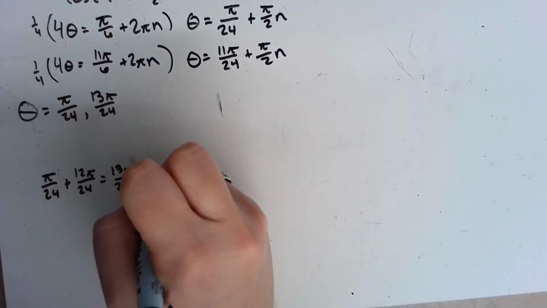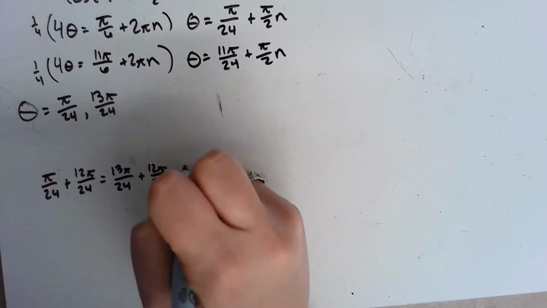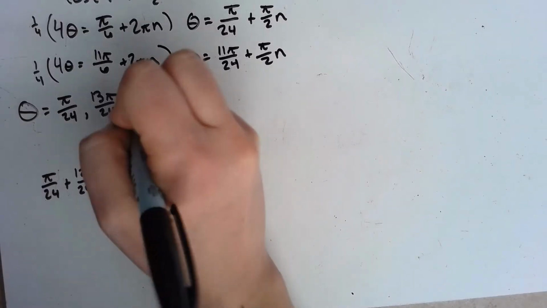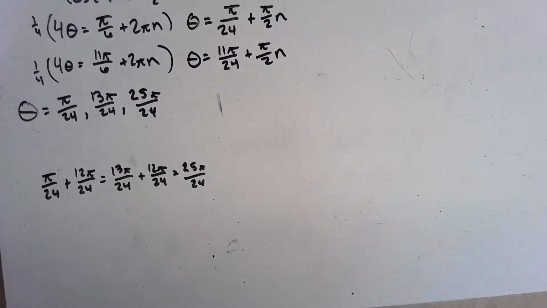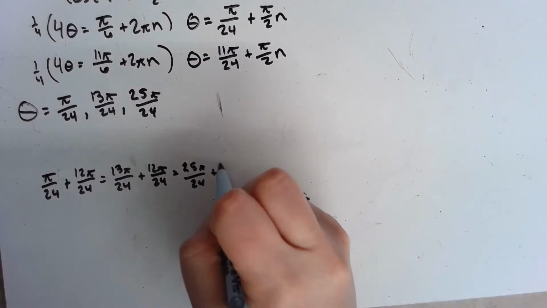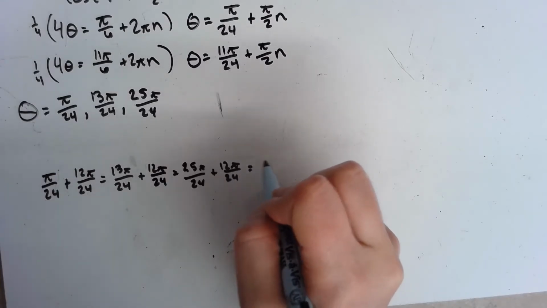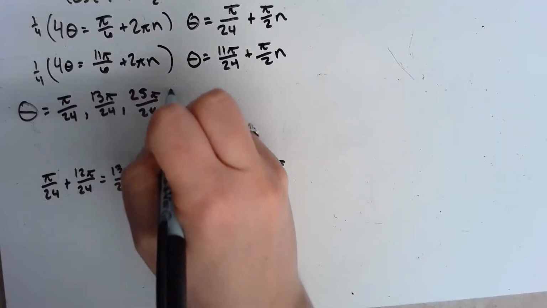Okay, and then I'm going to add 12 pi 24ths again. So I should get 25 pi 24ths. Okay, then I'm going to add 12 pi again. So 37 pi 24ths.